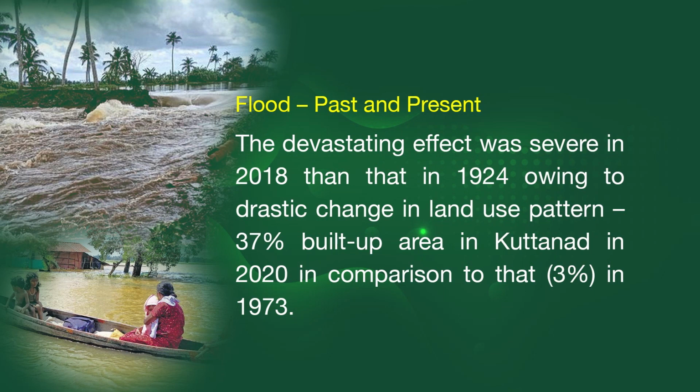The drastic change in land use pattern, as I pointed out earlier: in the wetland region Kuttanad, 37% of built up area was there in 2020 in comparison to 3% in 1973. This is also information received from Landsat 8.